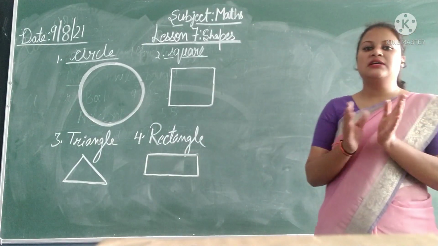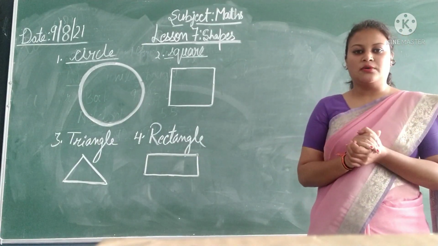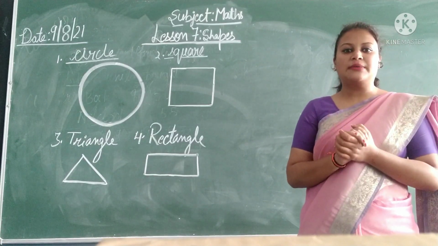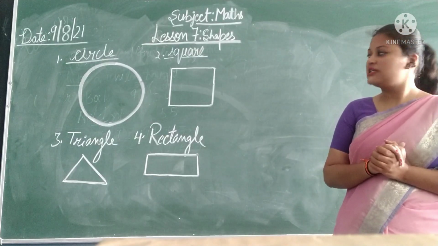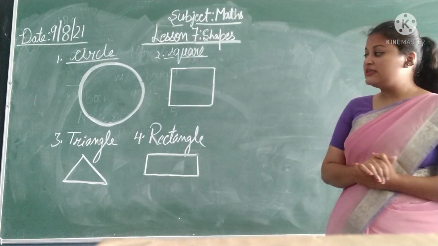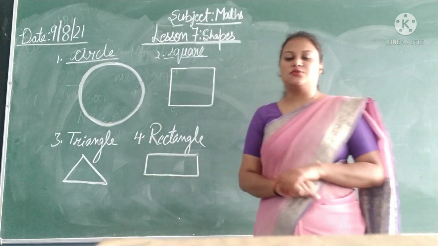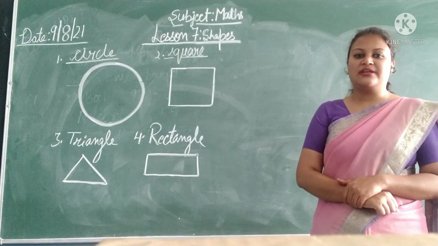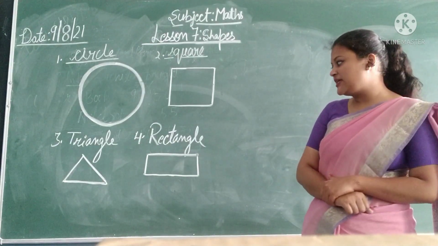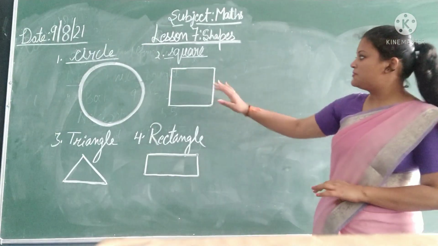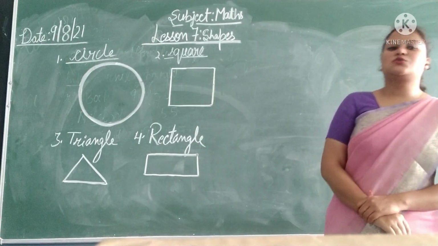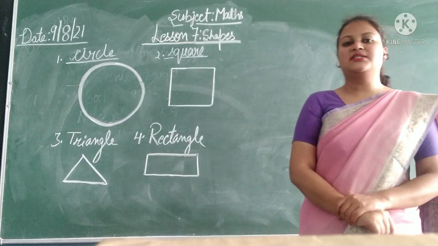Now a square. Books and copies, if they are of the same length and breadth, we can say that it is a square. Third one is triangle. This is a triangular shape and this is a rectangle shape. There is a difference between square and rectangle. Square has all the sides equal.